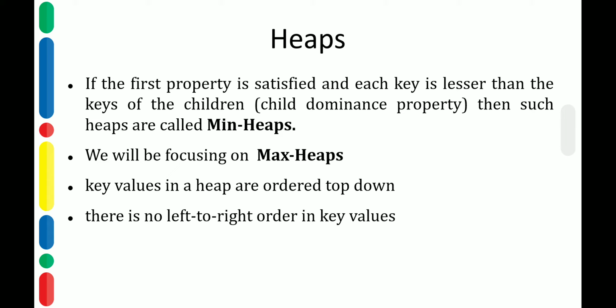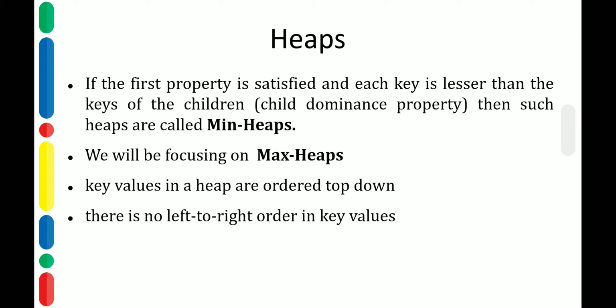However, you should note that there is no left to right order in key values. That's why in the initial slides we said that it is a partially ordered collection. We have seen left to right ordering in the previous data structures, the binary search tree and the AVL trees, but in the case of max heaps, there is no left to right order.